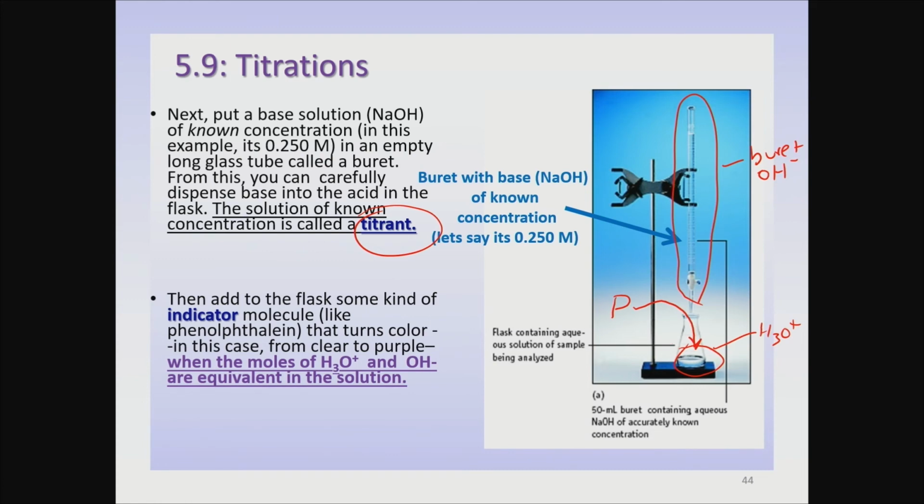So why do we add it? The reason is that the indicator dye will change color when you completely neutralize the acid with base. That will happen when you have as many moles of hydroxide as moles of hydronium in the solution.